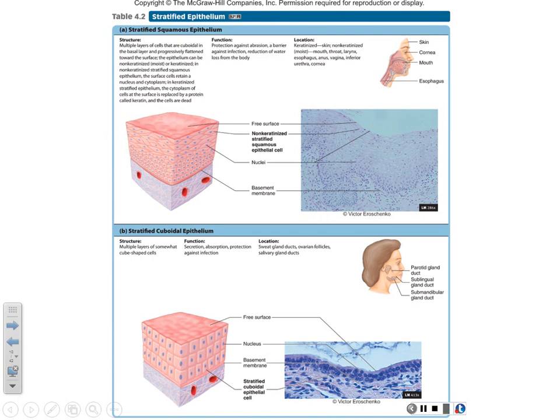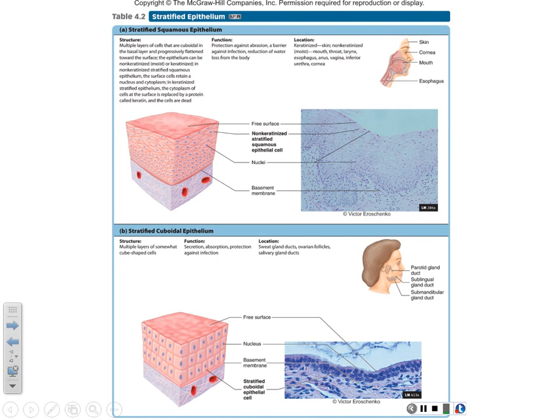And okay, so you have keratinized skin, and non-keratinized in the moist areas of your body, like in the mouth and so forth. Those cells are not keratinized. They're still epithelial cells. The lining of your cheeks, okay, not keratinized because they are moist.